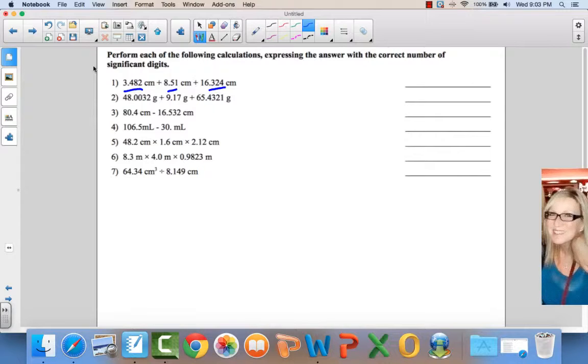So I'm going to add 3.482 plus 8.51 plus 16.324. Always do the math first. 28.316. But my answer can only go to the hundredths. Rounding rules apply. So 28.32 centimeters.